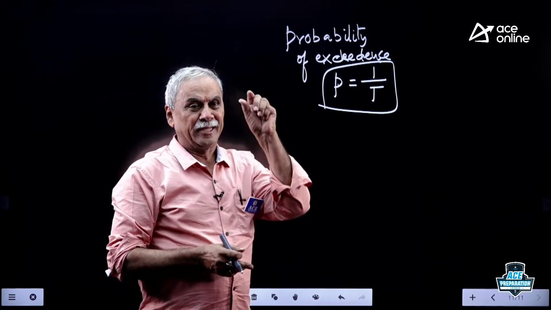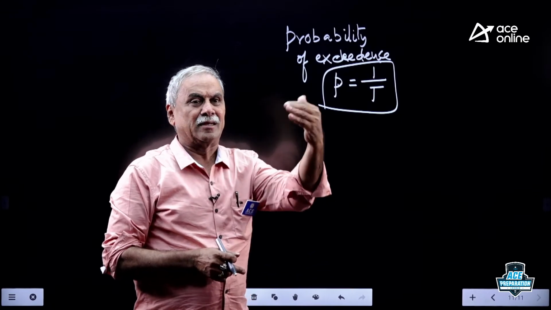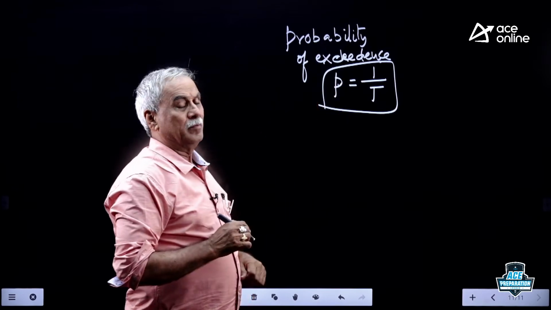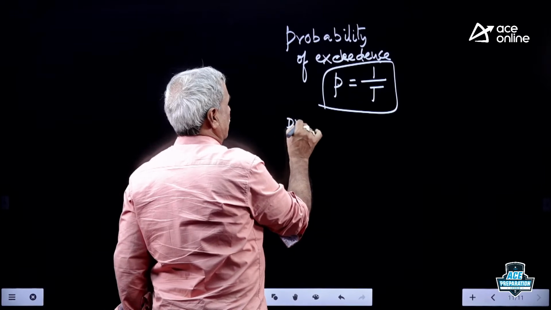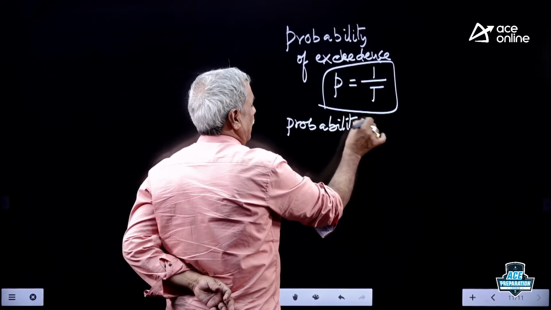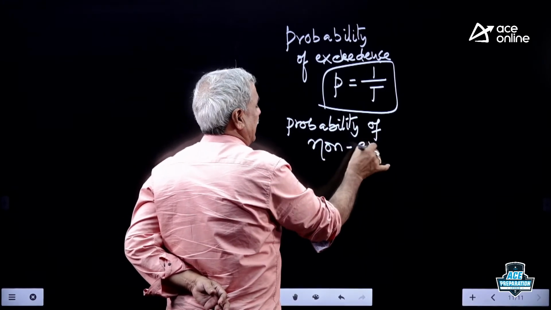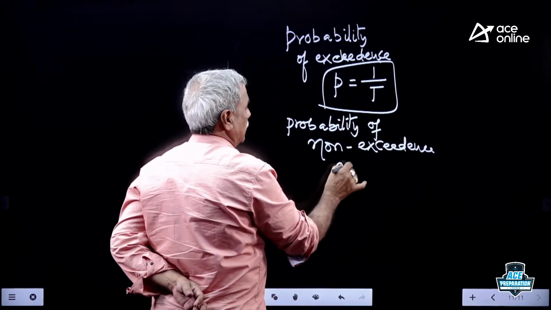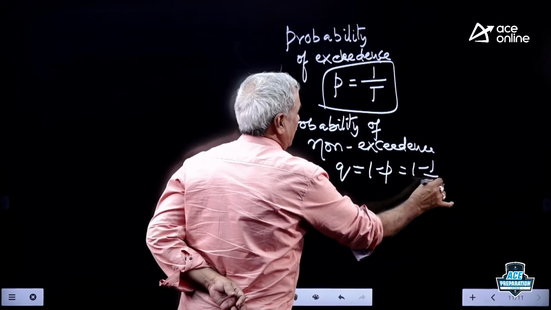The probability of getting a particular rainfall equaling or exceeding in the coming year, the chance of occurrence, is P. The chance of non-occurrence is Q, the probability of non-exceedance. Q is 1 minus P, that is 1 minus 1 divided by T.